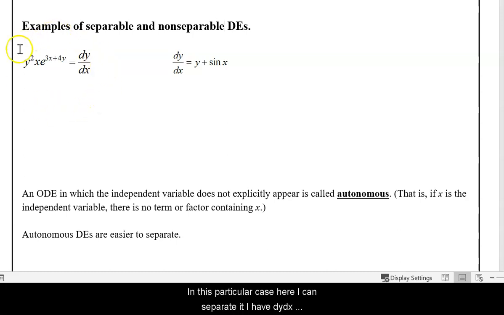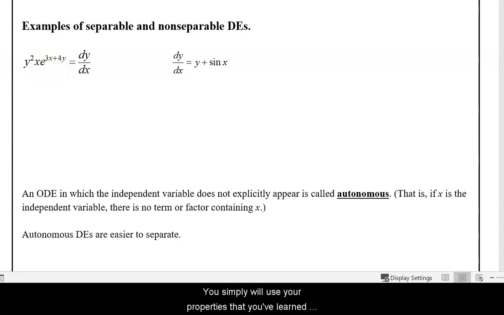In this particular case here, I can separate it. I have dy/dx on one side by itself. The opposite side is a multiplication of factors involving y and x. Now you may say, how on earth can you separate e to the 3x plus 4y power? Simple.